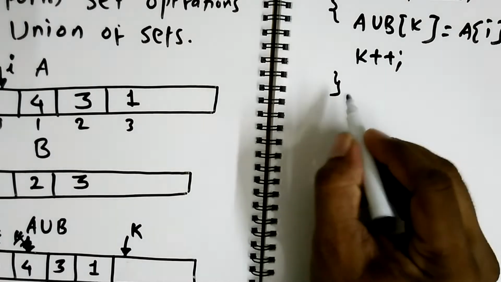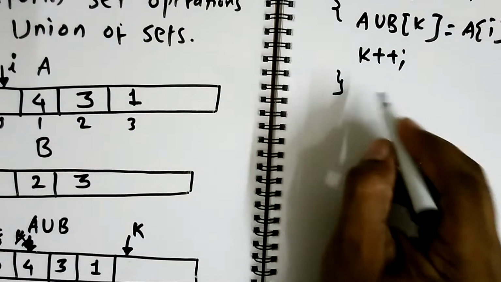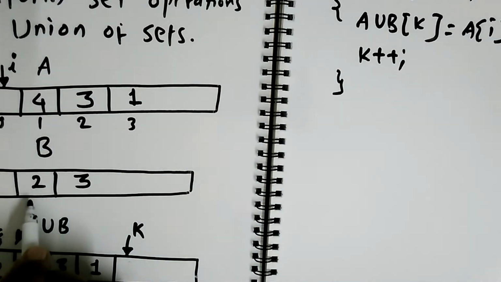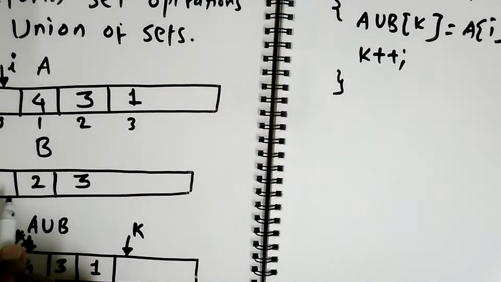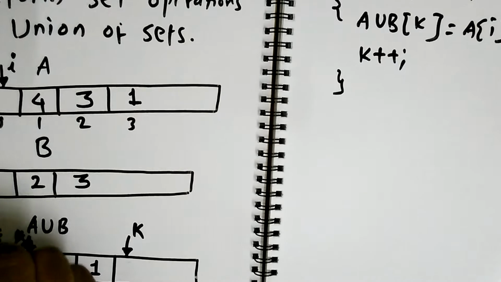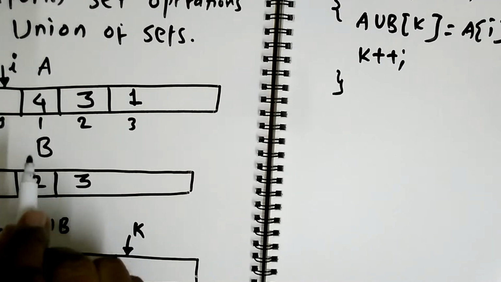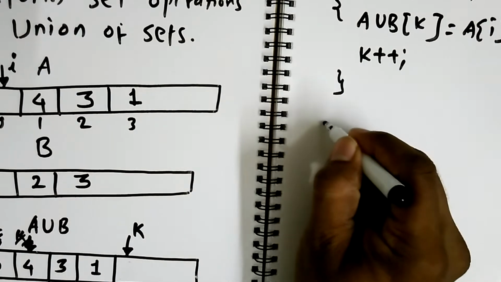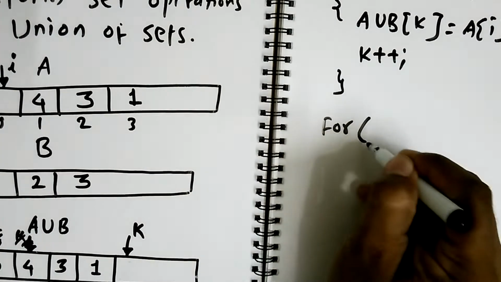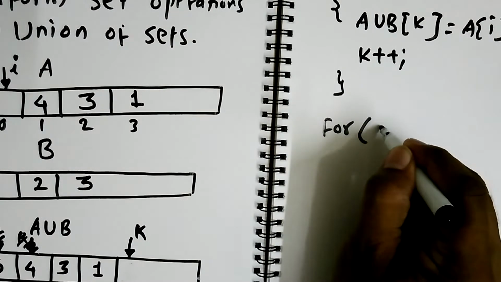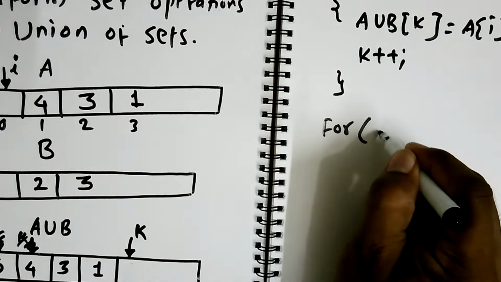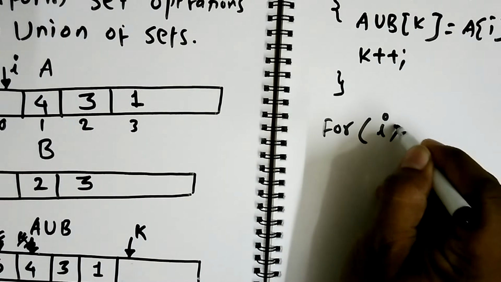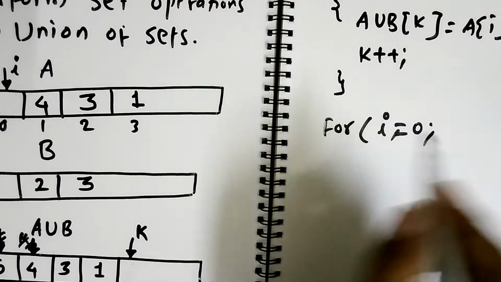Now what I am left to do is pick one element of B at a time and check whether it is present in array A or not, and if it is there I need not copy it in A union B. So I'm going to start at array B. Let me take a variable i, which I'll assign 0.